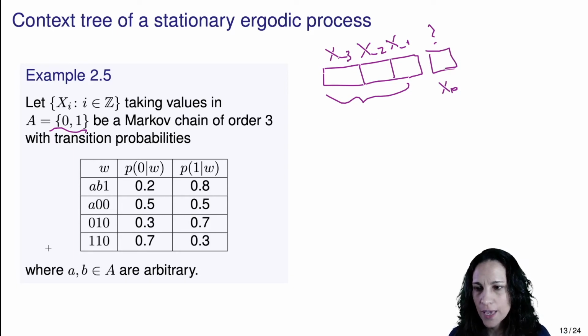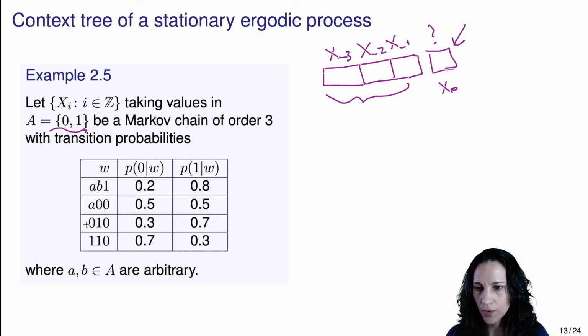In this table, we see the values of these transition probabilities. That means that if we saw the sequence 1, 1, 0, then we have a probability of 0.7 of seeing a symbol 0 here in the position of x0, or 0.3 of seeing a symbol 1.